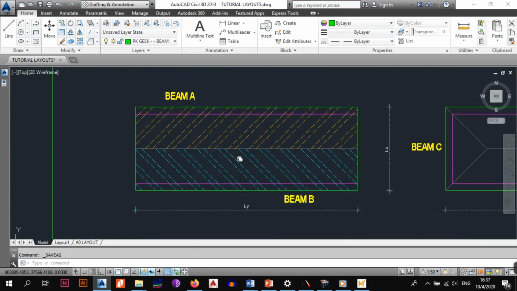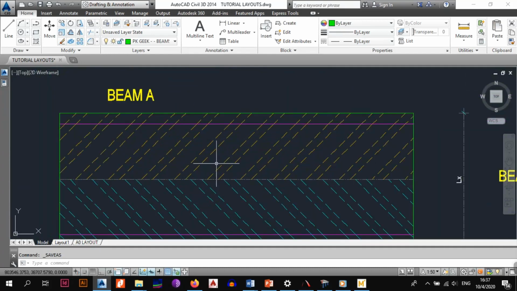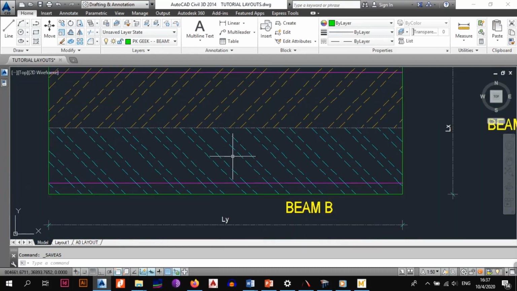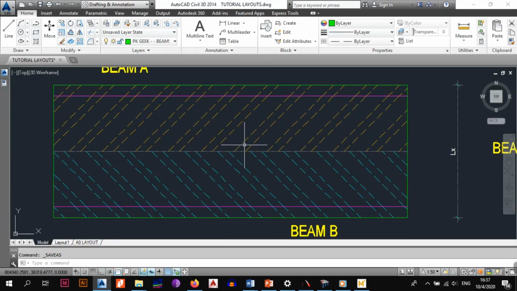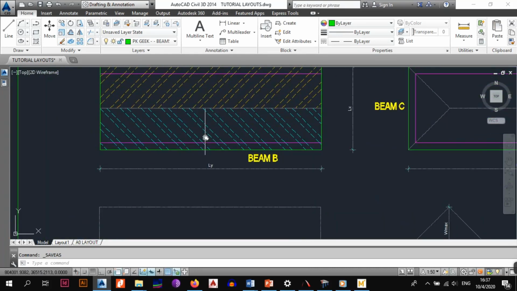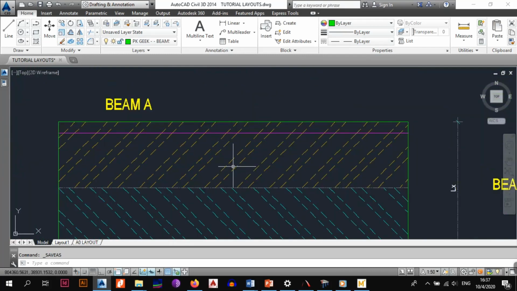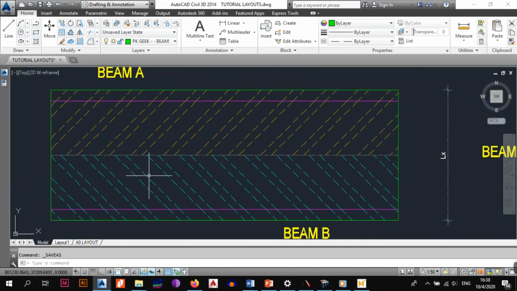Obviously, you're going to have a load on your slab. It's going to be an area load. If it is a two-way spanning slab, this portion that I've shaded orange transmits all of its loads to beam A, and the portion that I have shaded cyan transmits all of its loads to beam B. So if it is a two-way slab, all you have to do is break up the slab in two, as you can see by the gray line.